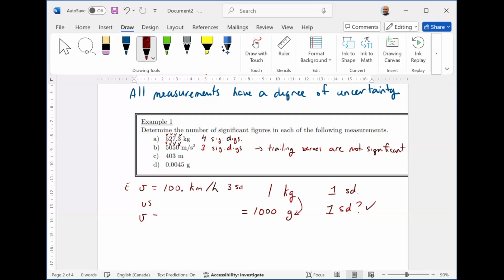Versus this measurement, if you saw it like this, this would only have 1 significant digit. A little squiggly line here. So far so good. Does that kind of make sense? The bottom line is, as you'll see when we start doing some problems, there are some rules for rounding and for applying significant digits.